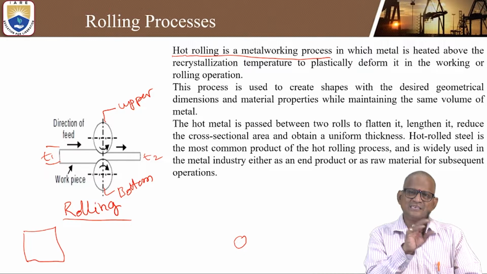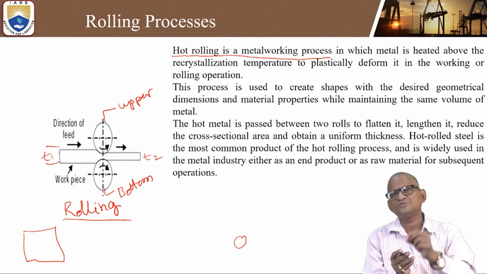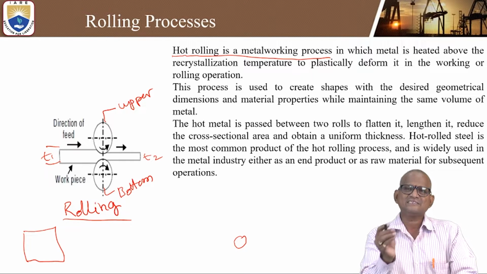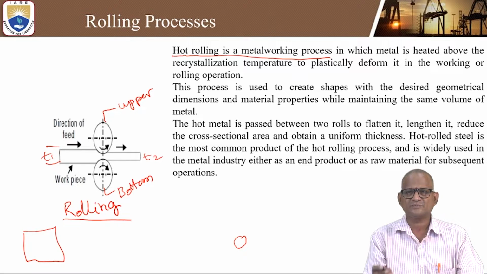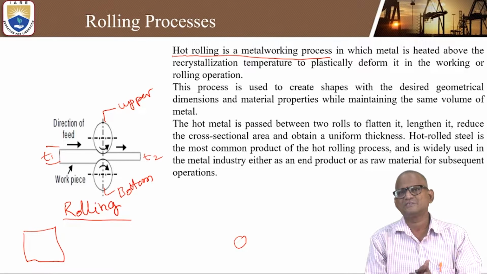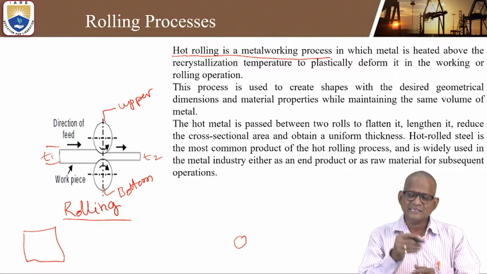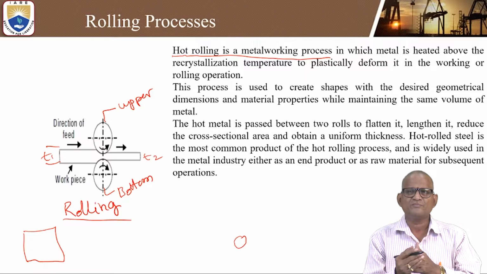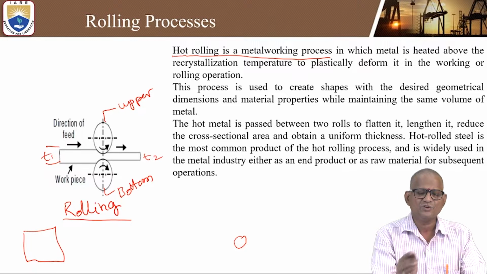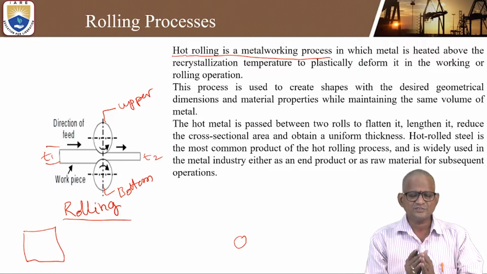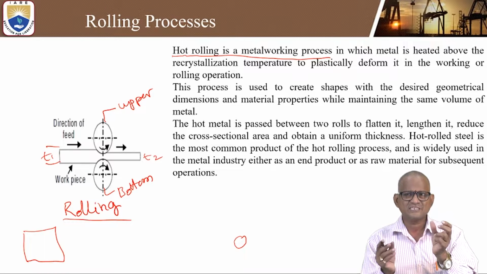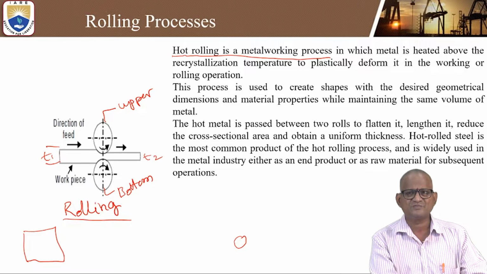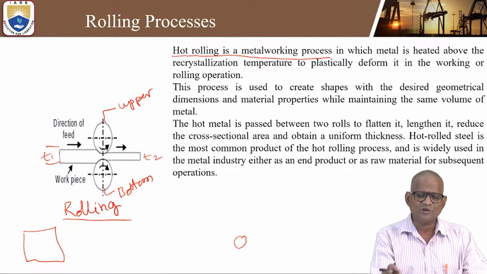The temperature at which recrystallization takes place is called the recrystallization temperature. In hot rolling, the metal is heated above its recrystallization temperature to perform plastic deformation in the rolling operation. This process is used to create desired shapes, geometries, dimensions, and some material properties while maintaining the same volume of the metal.